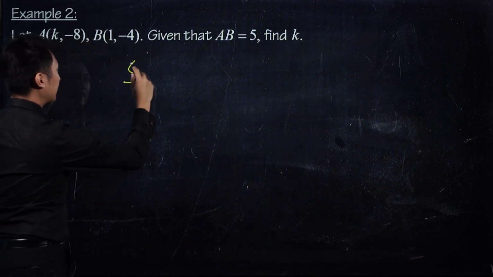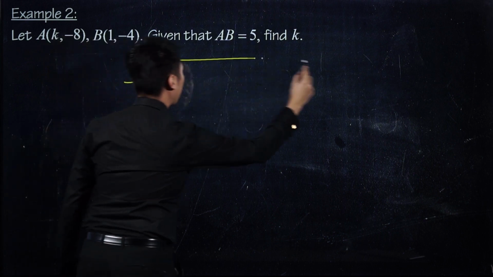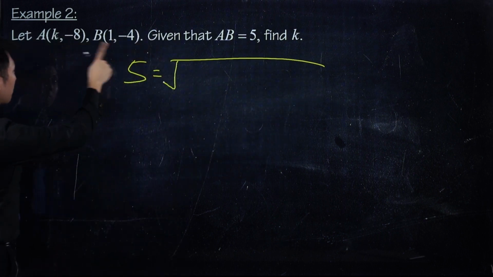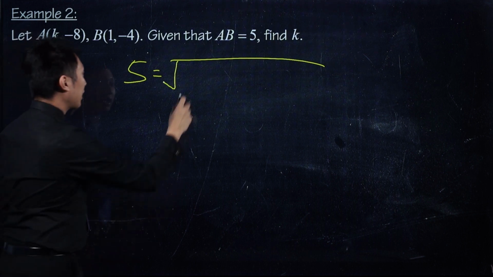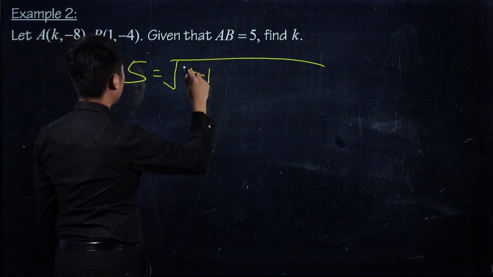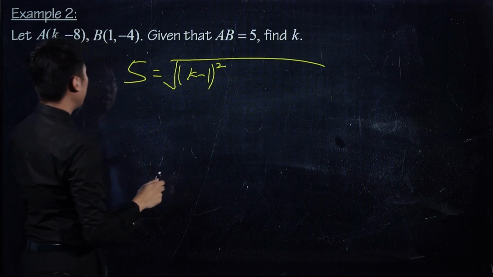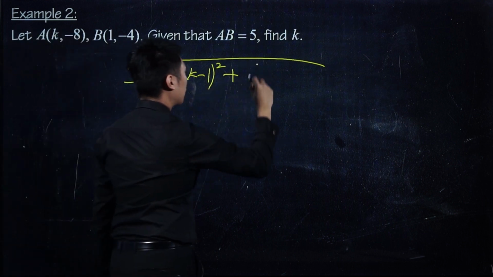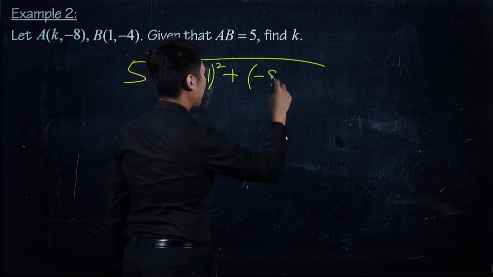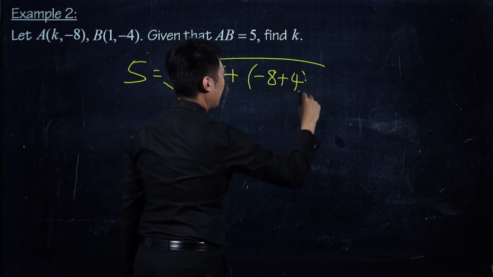The length 5 is equal to square root of point minus point. I prefer to write k in front, so I write k minus 1, the whole thing, squared. Then plus minus 8 plus 4, I just write the whole thing, then I square it.